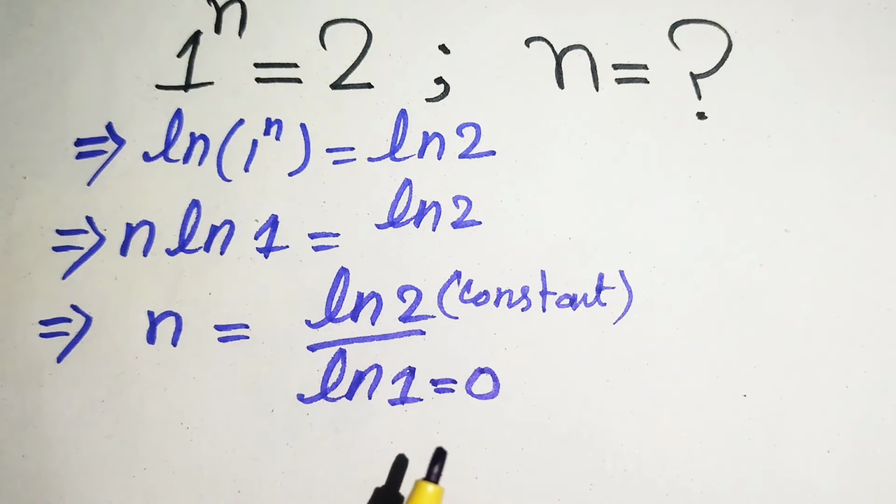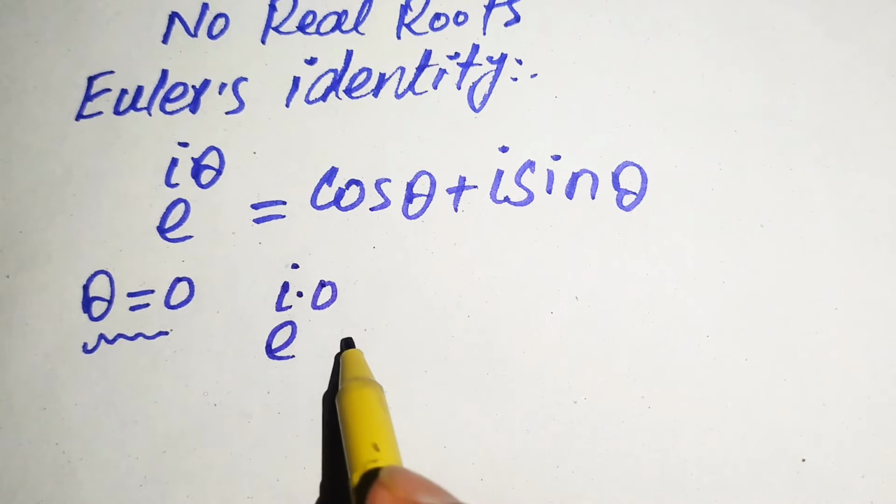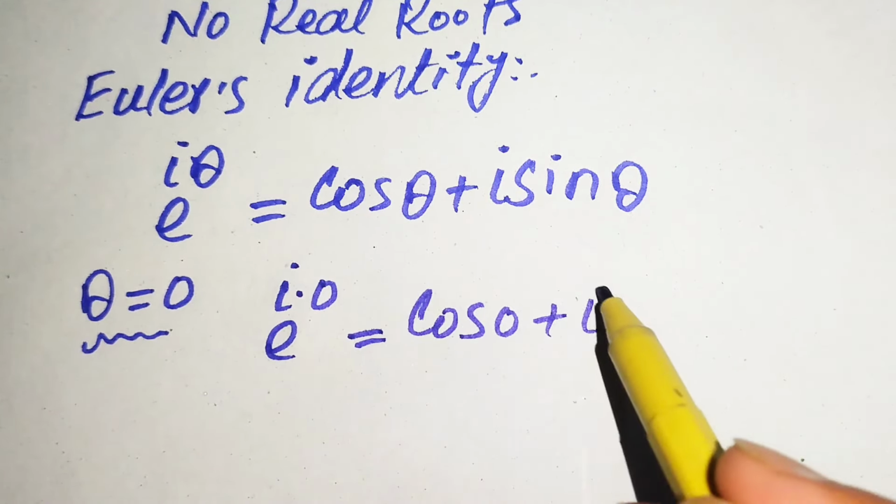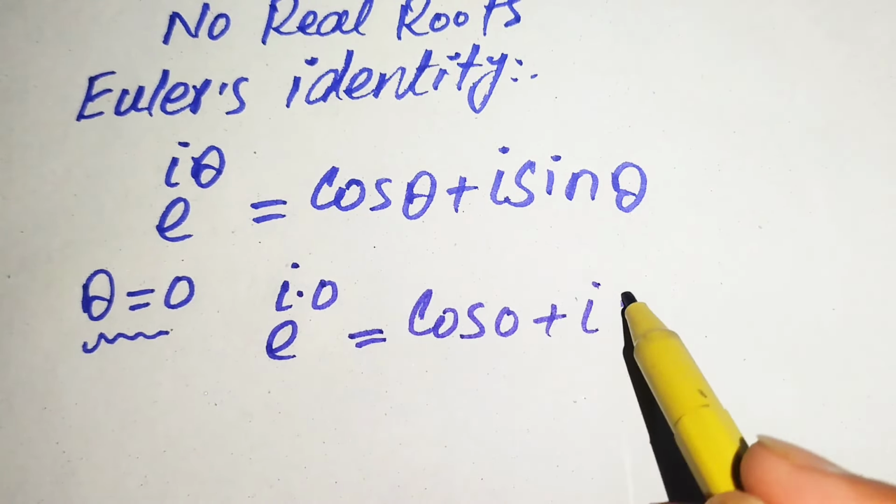Now we check this Euler identity for some values of theta, whether it holds or not. First we take theta equals 0. So e to the power of iota into 0 equals cos of 0 plus iota sine of 0.